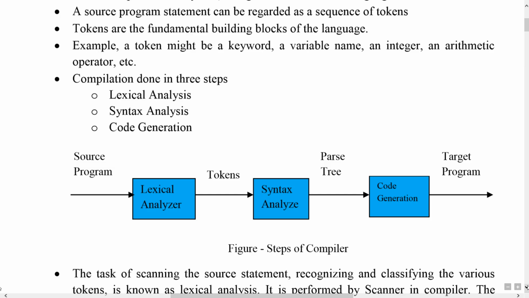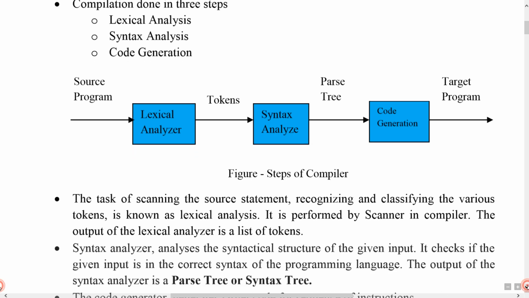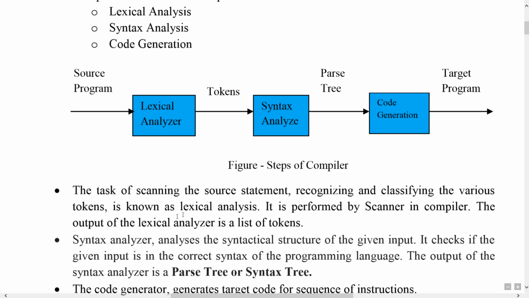The first step of the compilation process is lexical analysis. During the lexical analysis phase, the lexical analyzer scans the source statement and recognizes the various tokens in the source statement. It is performed by the scanner. The output of the lexical analyzer is a list of tokens.